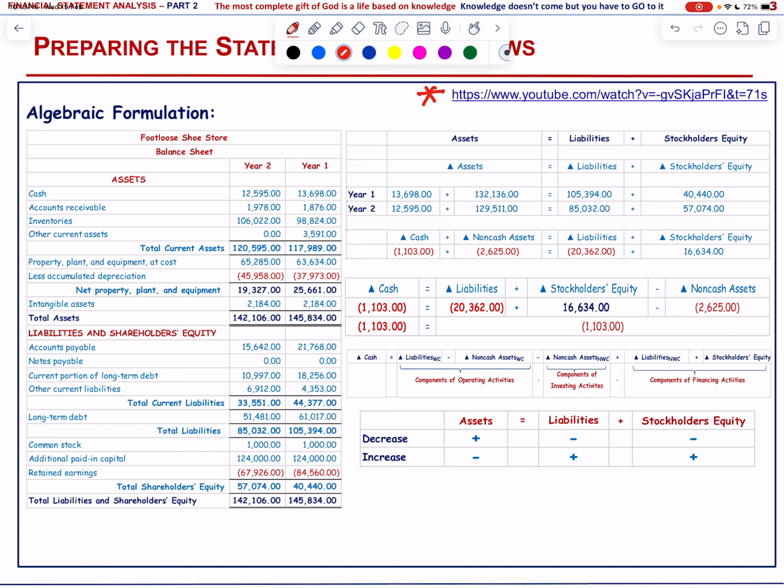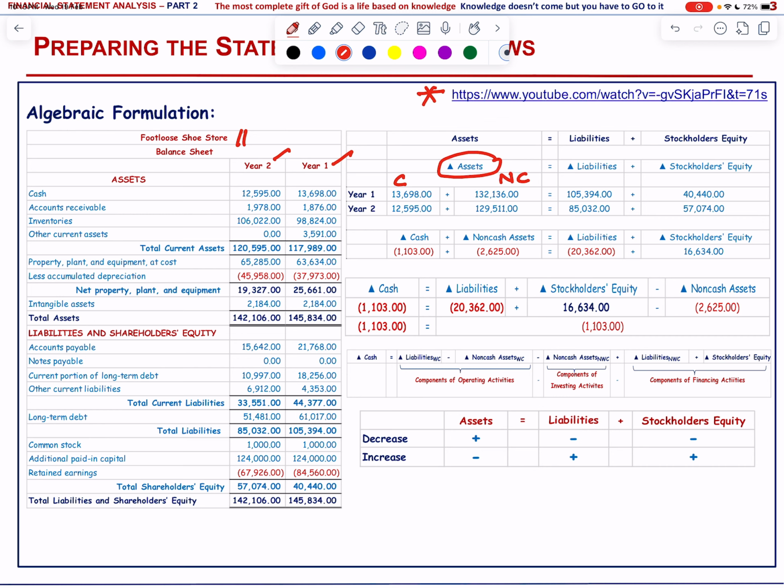Look into the balance sheet of Footloose Shoe Store. It reports the following equalities. We have the balance sheet for year number 1 and year number 2, and we have split the total assets for year number 1 and 2 into cash and non-cash accounts.